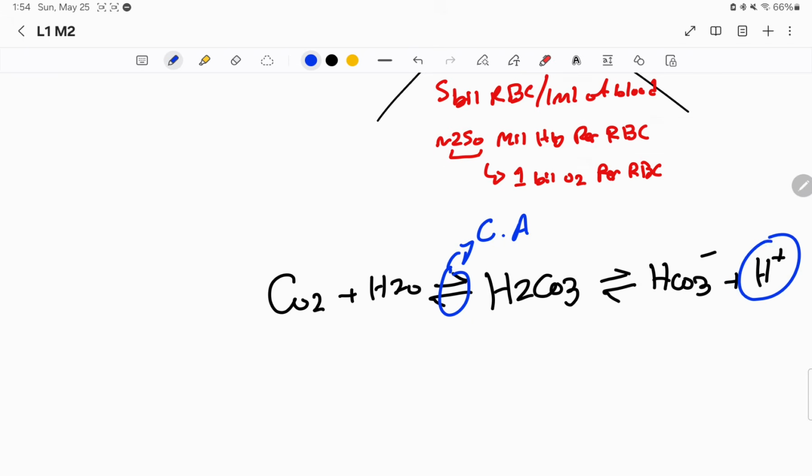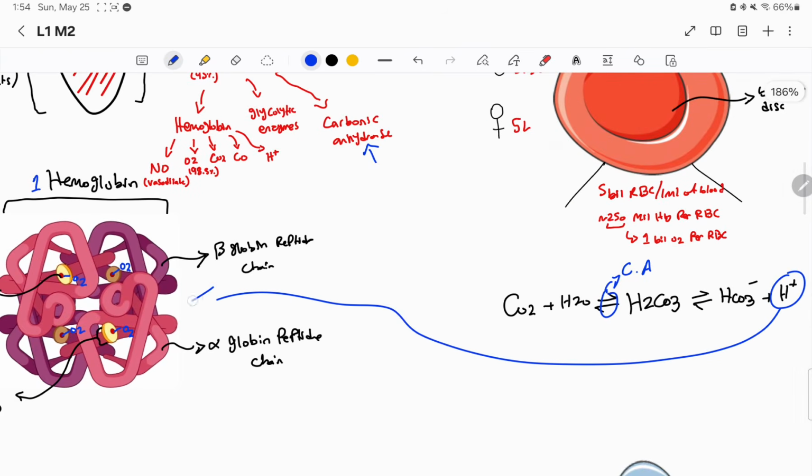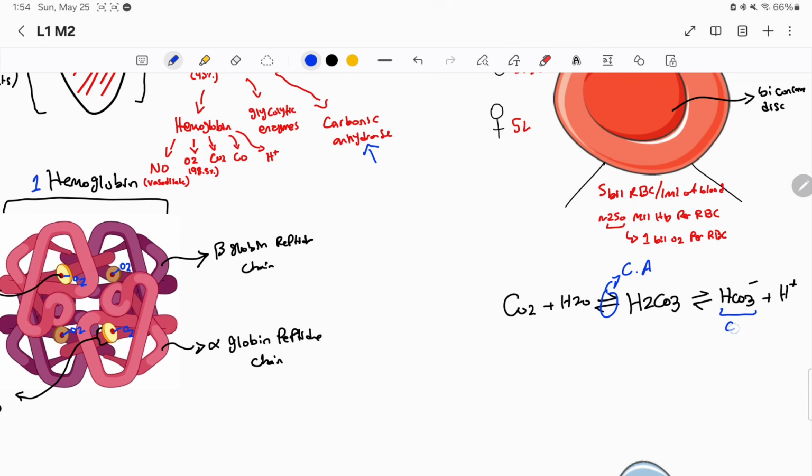Okay, now this proton can go and bind to that hemoglobin over there. All right, but this bicarbonate, he is carrying our CO2. Okay, he's basically kind of like a placeholder, right? Until we get to the lungs.